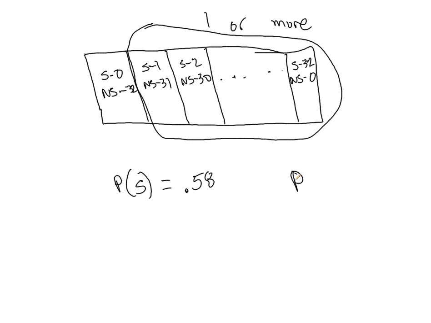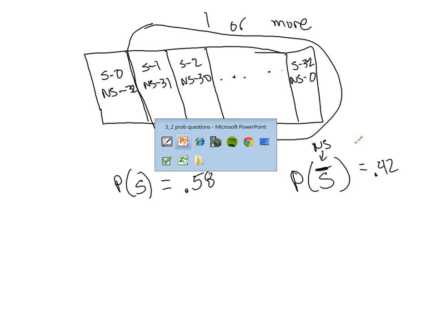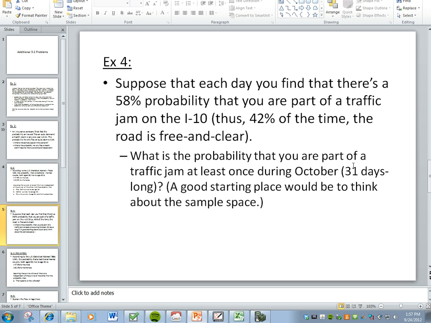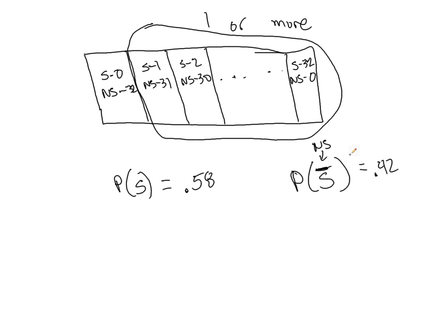That means the probability that I won't get stuck, which I'll write with this notation meaning not stuck, is 42%. Assuming that we have independence here, that getting stuck one day does not affect getting stuck the other day. We have to make that assumption or else we can't really make a calculation.